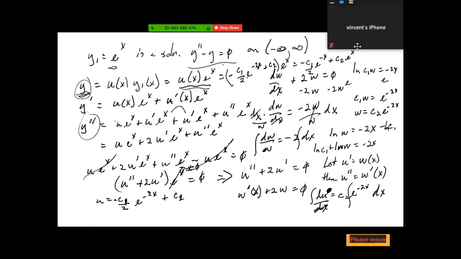Now they do a sleight of hand here, and they just say, let's let C2 equal 0 and C1 equal minus 2. We obtain the desired solution of y sub 2 is equal to e to the minus x, and they don't give any real reason for doing that.